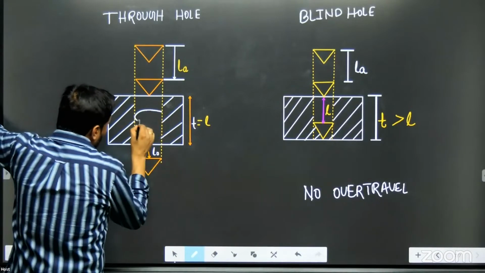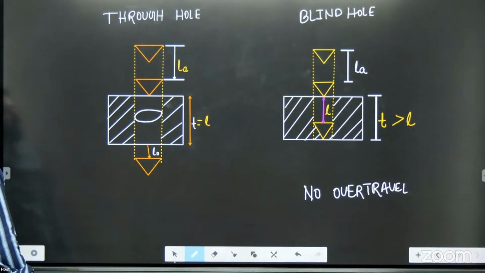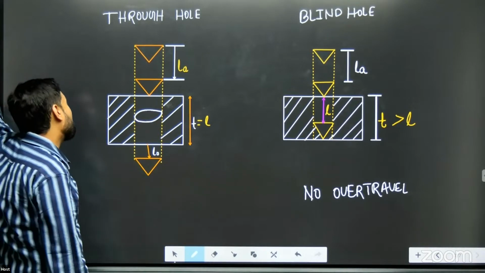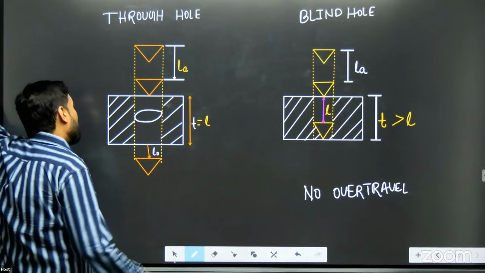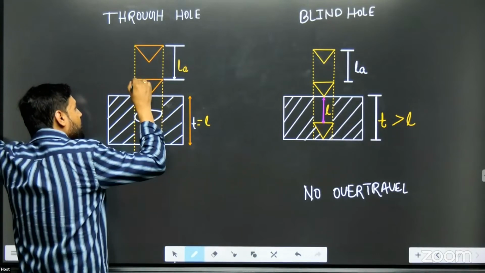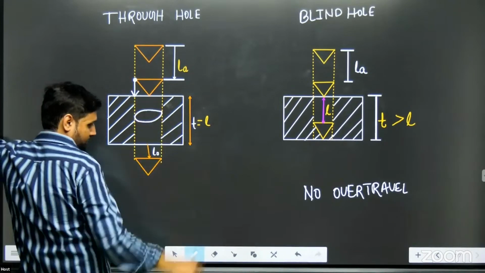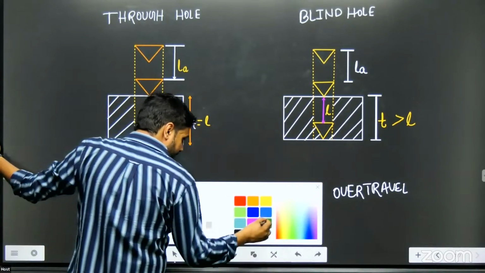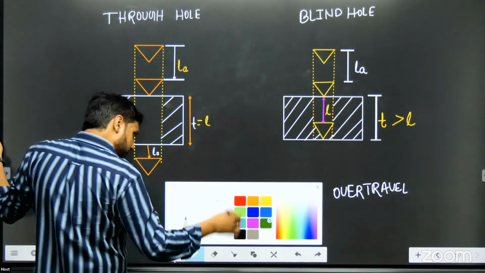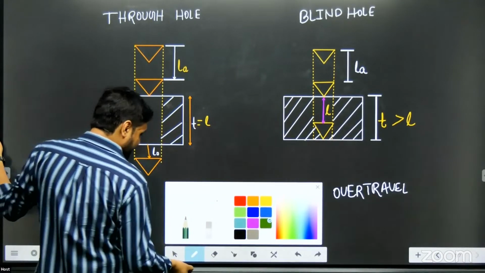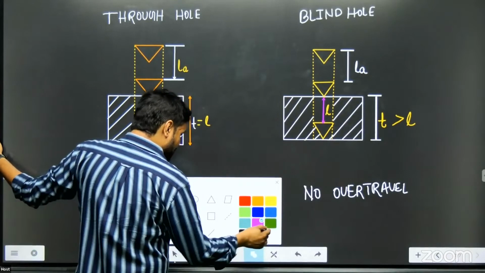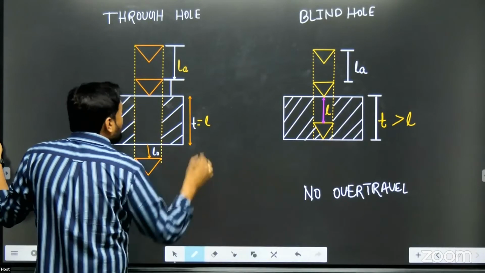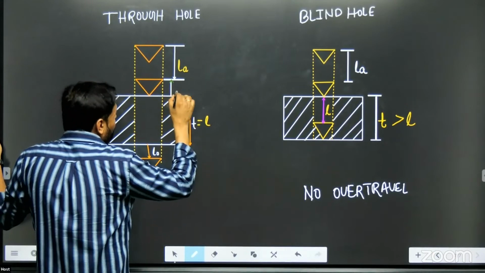This whole diameter of the hole will start getting drilled only when this point on the drill bit reaches there. So my dear, that's why this much of the travel that is happening is what we call as compulsory approach.